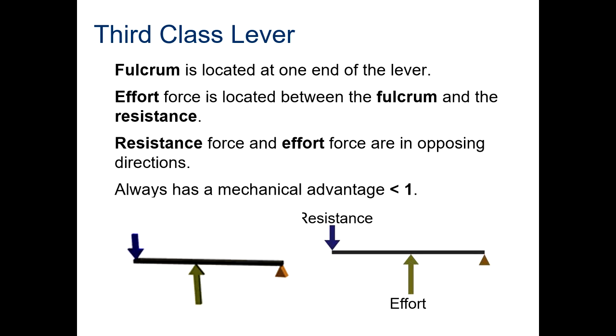Then if we go to a third class lever, where we have the resistance way out here on the outside and we're lifting in the middle, that's always going to have a mechanical advantage of less than 1. It's going to take more effort to lift the resistance. So it may take 10 pounds of effort to lift 5 pounds of resistance. And again, that will depend on where along that lever you are.